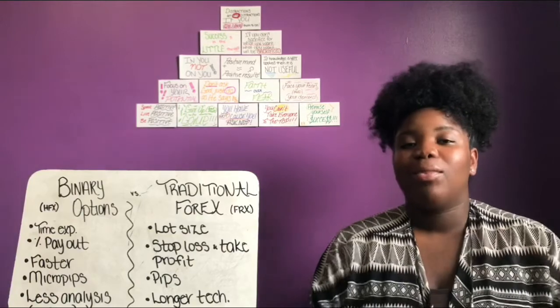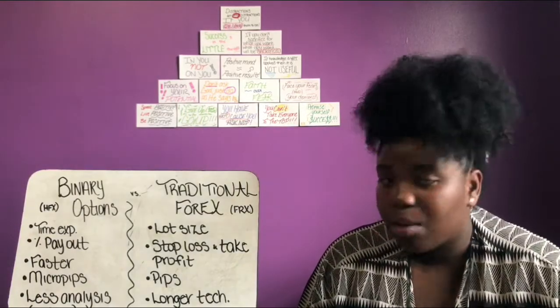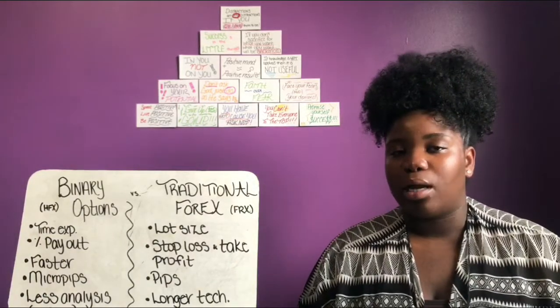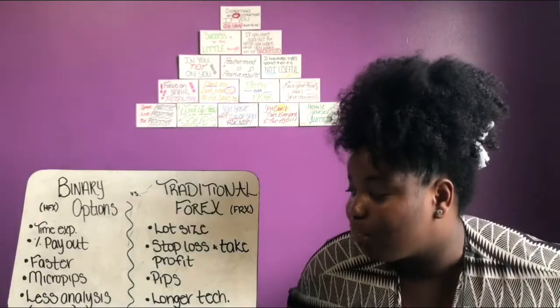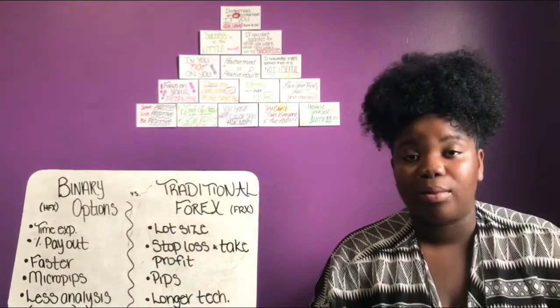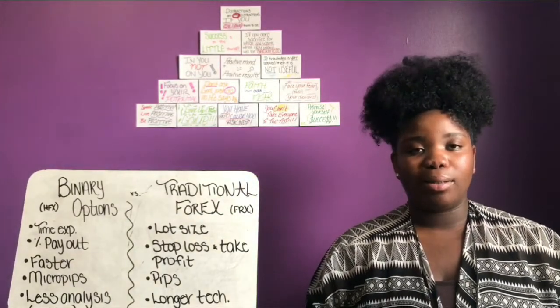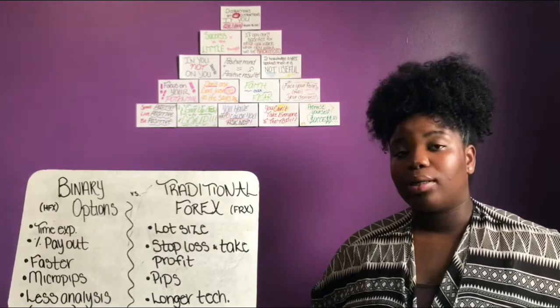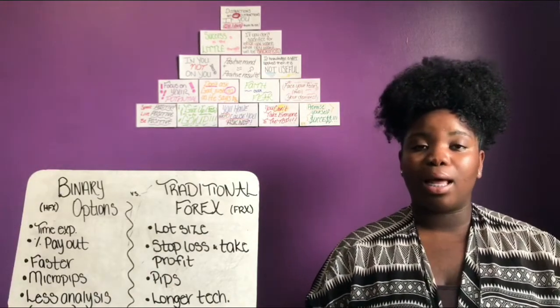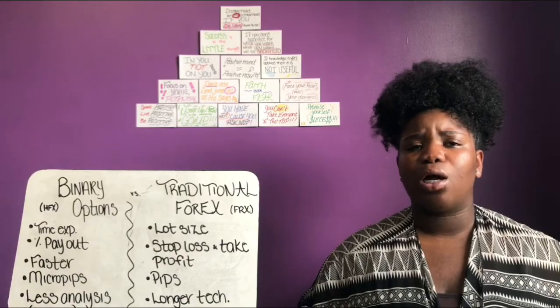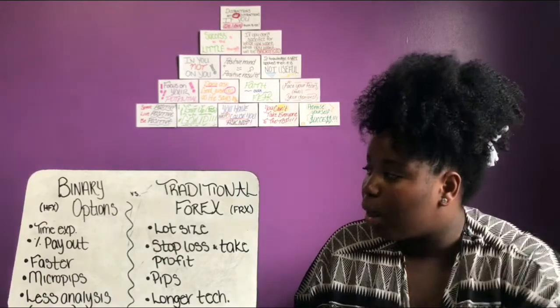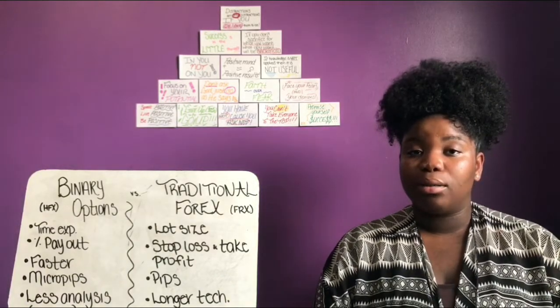At the bottom, I don't know if y'all can see it, I tried to adjust it so that y'all can see everything on the chart, but it says less analysis on the binary option side. With traditional Forex, you're drawing a whole bunch of lines and analyzing the chart a little longer than you would with binary options, right?